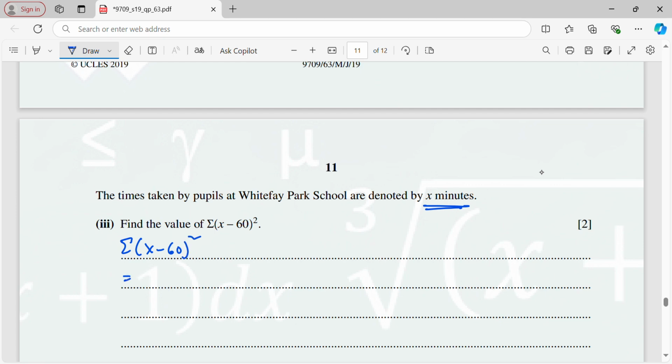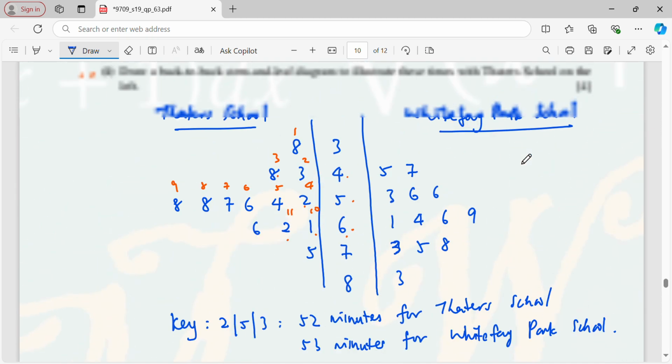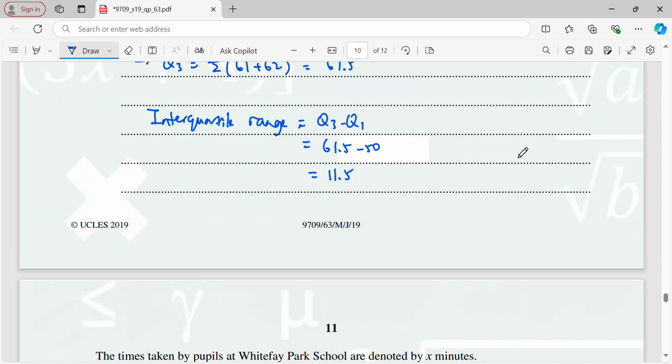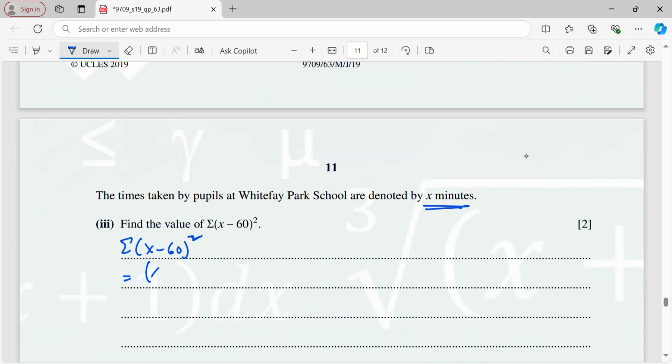It will be first value 45, then I minus 60 and square it. So 45 minus 60 squared plus, okay, all of this I will write down first.